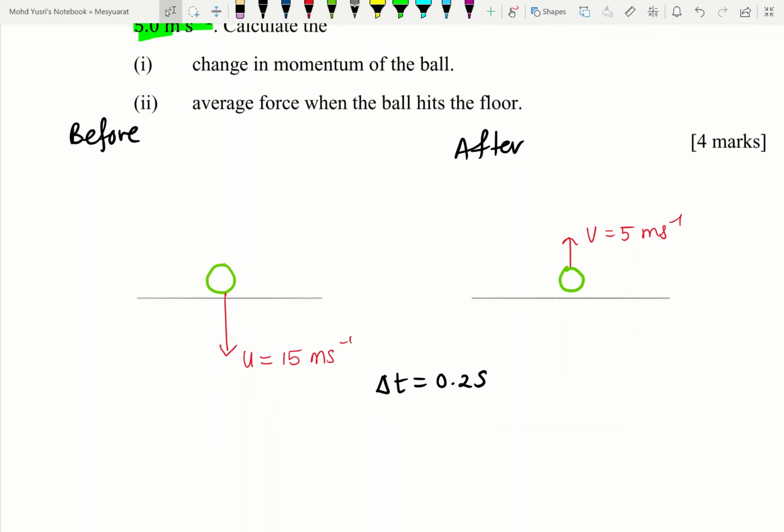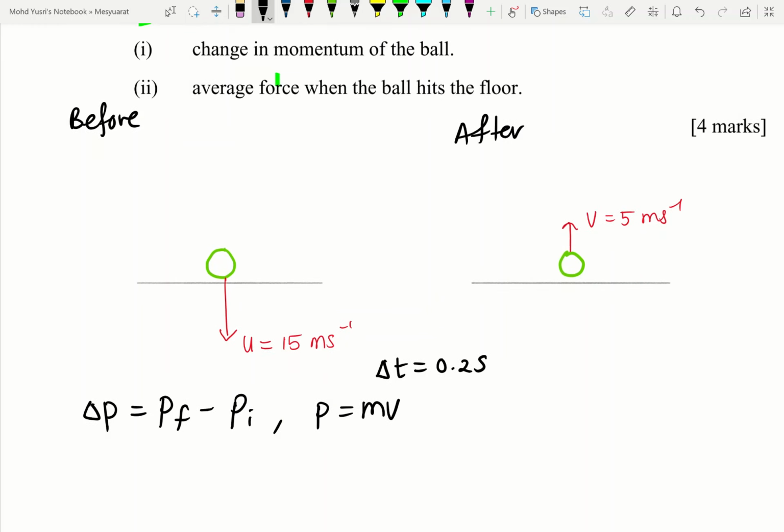Now, the change in momentum is simply momentum final minus momentum initial, in which the equation of momentum P is equals to mass times velocity. So in this case, we have mv minus mu.